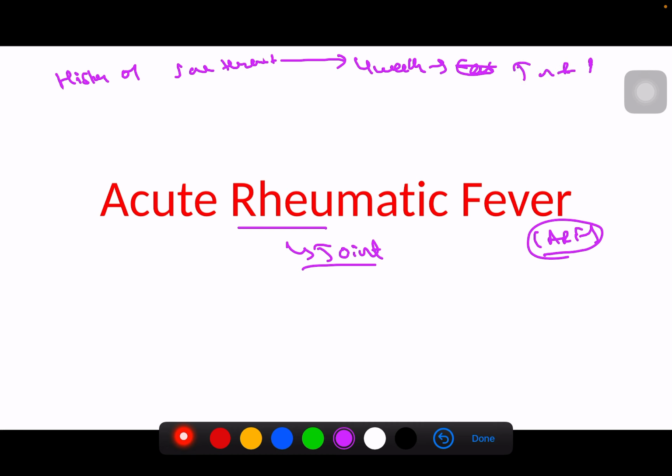There will be joint pain, the migratory joint pain, and there can be subcutaneous nodules, or someone will present with dyspnea, palpitations, secondary to mitral regurgitation because of acute rheumatic fever, secondary to valvular dysfunction, mitral valvular dysfunction.